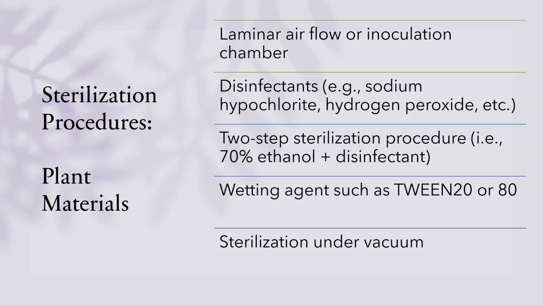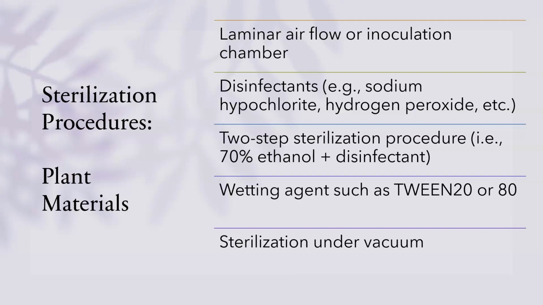Commonly used disinfectants for plant tissue culture include calcium hypochlorite, sodium hypochlorite, hydrogen peroxide, and others. The use of a two-step sterilization procedure, which involves placing the explants in a 70% ethyl alcohol solution prior to treatment with another disinfectant solution, has proven beneficial to explant sterilization.